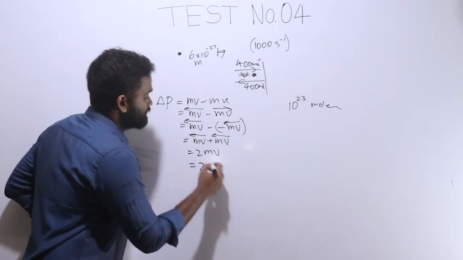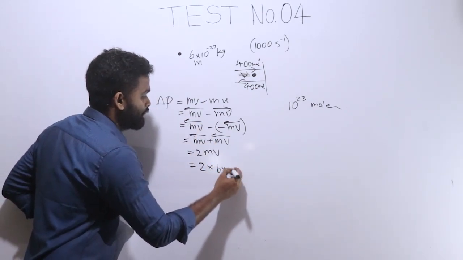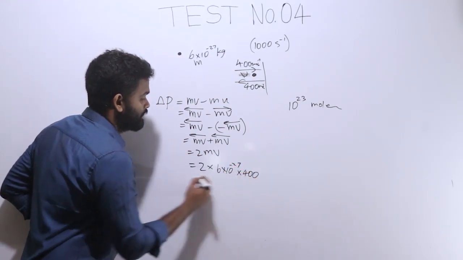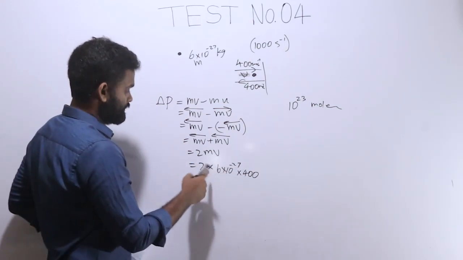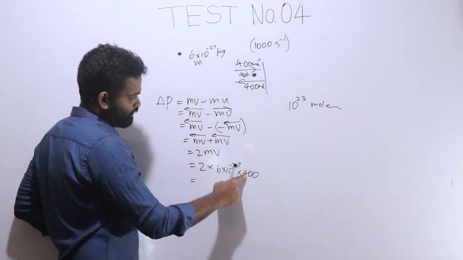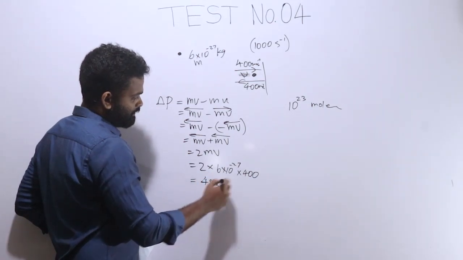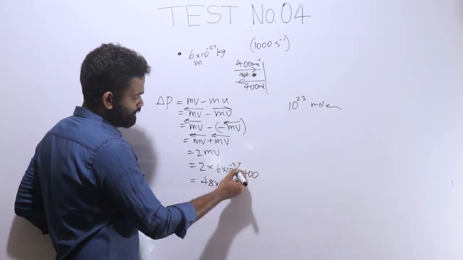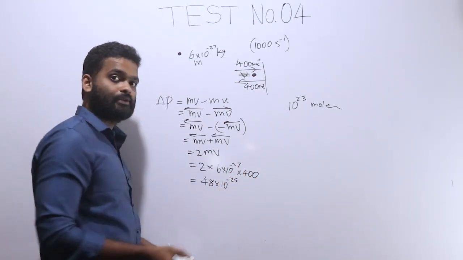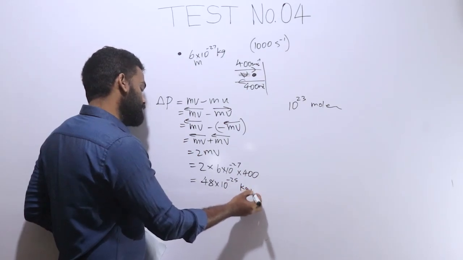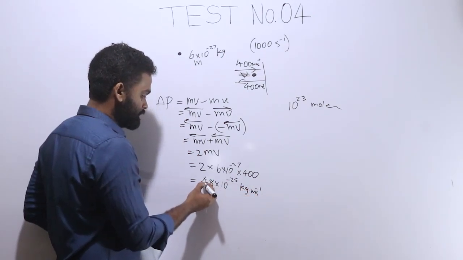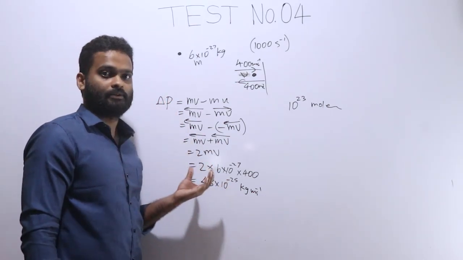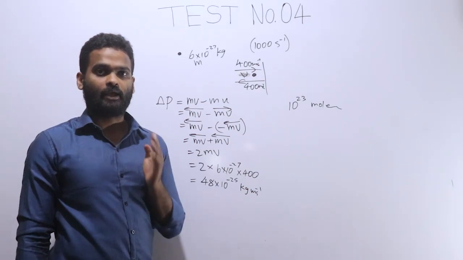So I can substitute this. Mass is 6 times 10 to the power minus 27, times velocity 400. If I simplify this, 2 times 6 is 12, 12 times 4 is 48. Then there are 2 zeros. So if we substitute it, it becomes 10 to the power minus 25. This is 48 times 10 to the power minus 25, the change of momentum for one collision of one air molecule.